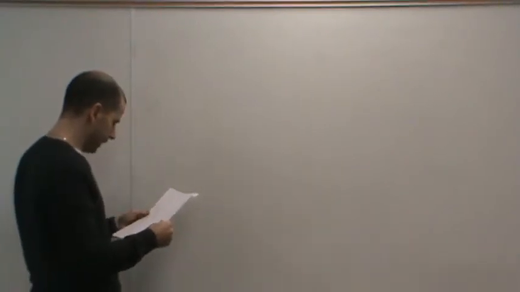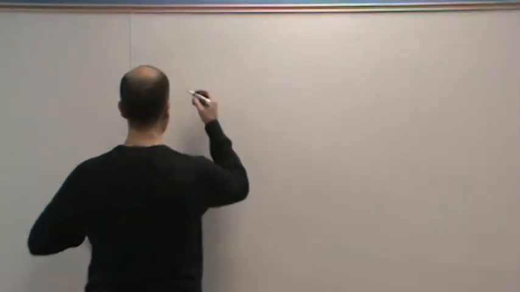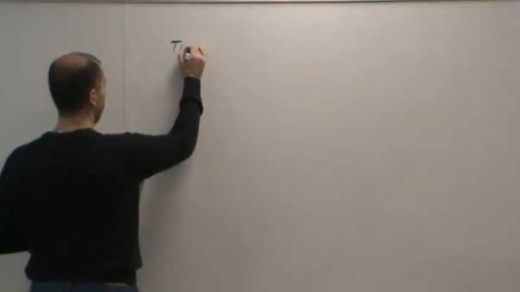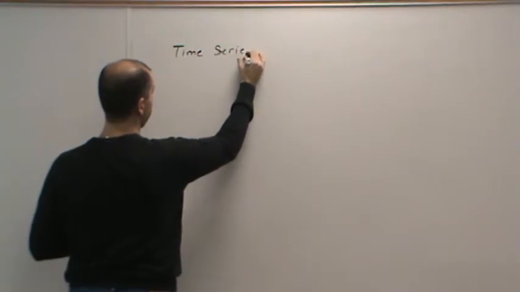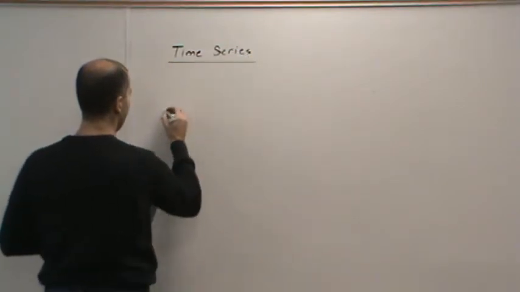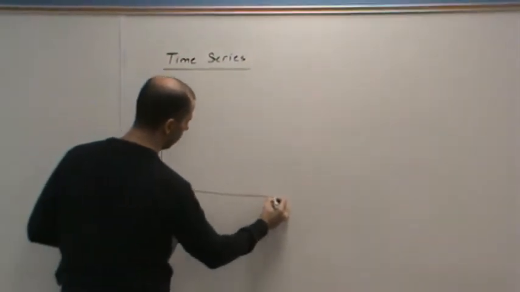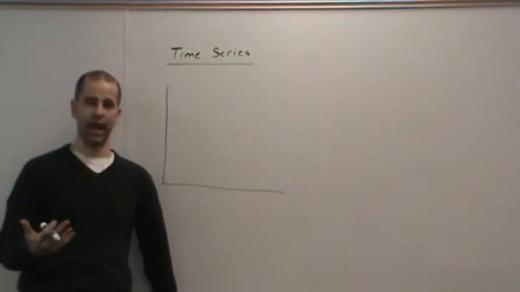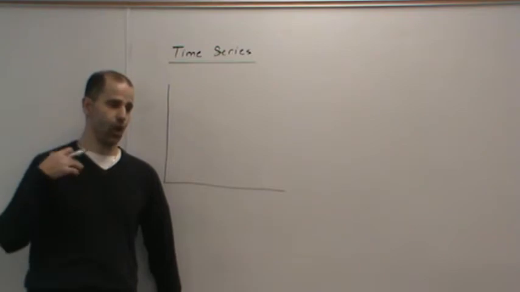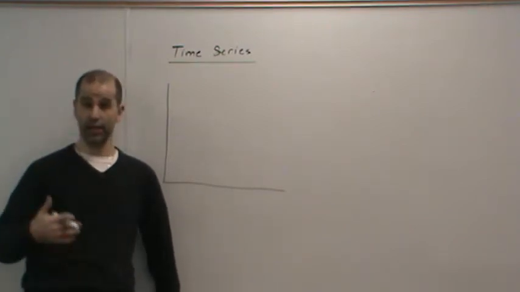So let's look at a couple of things. The horizontal axis is always going to be some increment of time, hence the name time series. This is very common. There are lots of different scenarios that use time series graphs. You talk about stock prices changing over time.